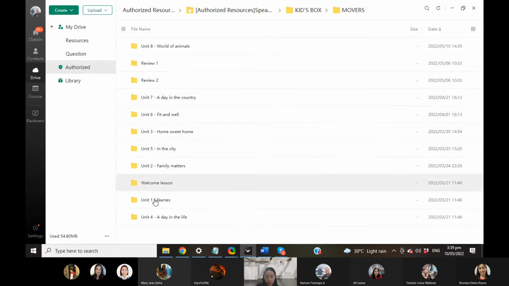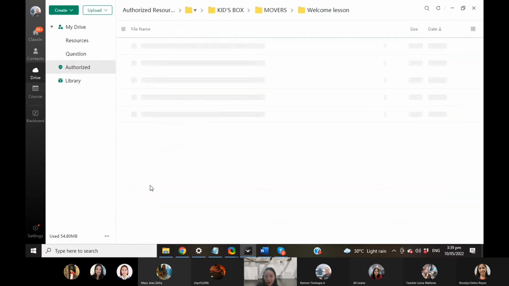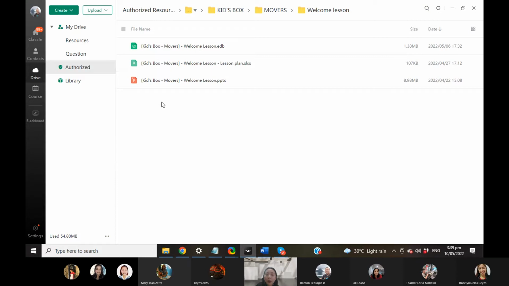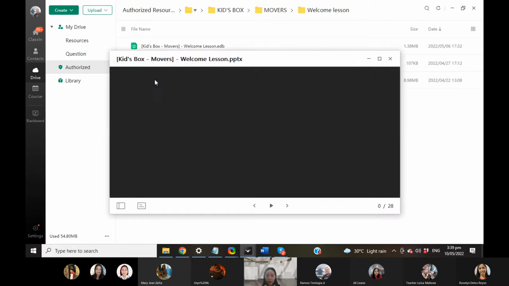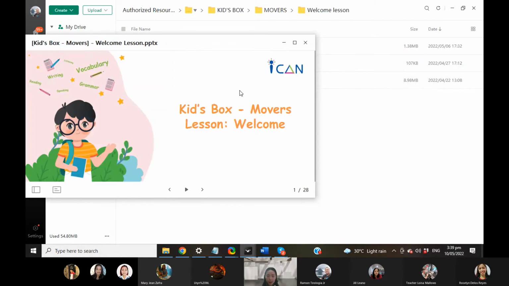Can you open the Wacom lesson or movers, please? Is there a Wacom lesson? No, you just pass it. The Wacom lesson. Yes. Okay. Can you open the lesson plan and the slide at the same time and divide it into two parts so everyone can see it at the same time? Yes.